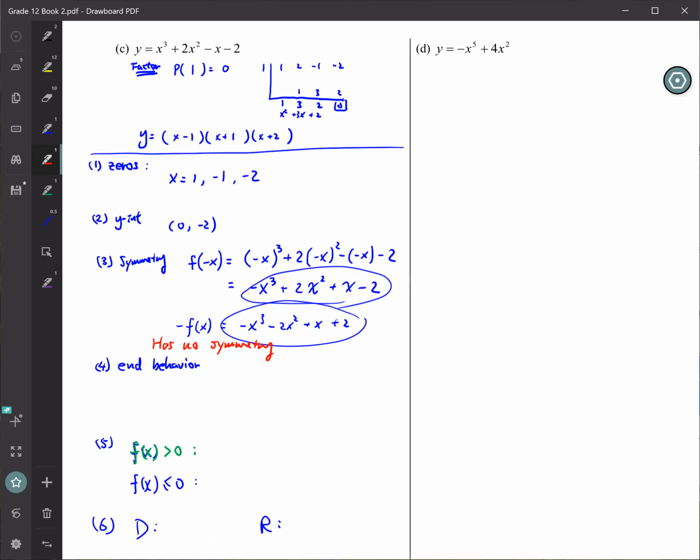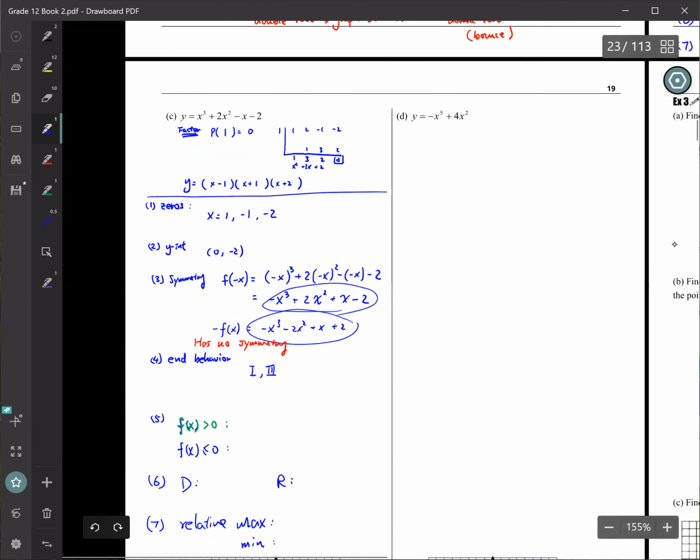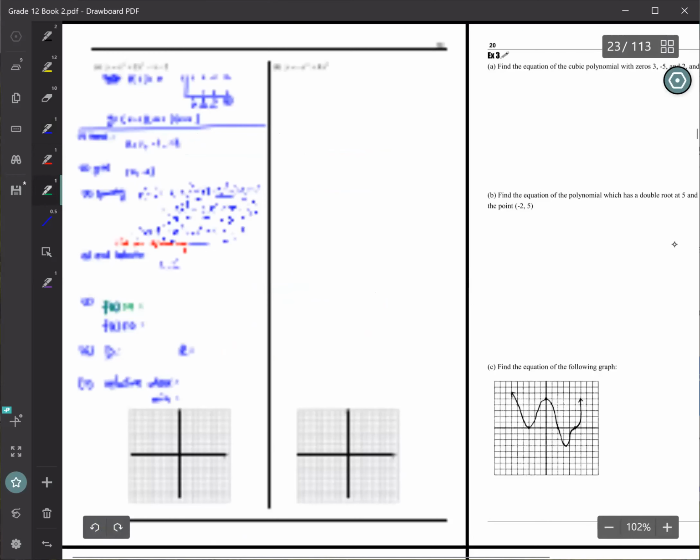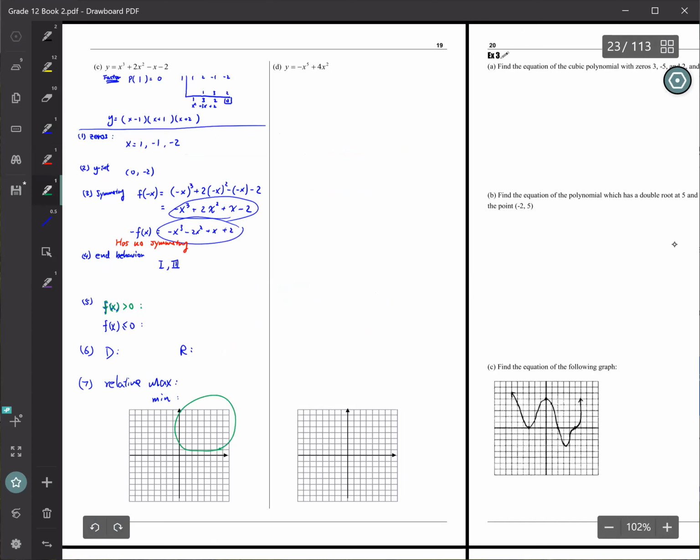End behavior. Ray, what's the end behavior here? Quadrants 1 and 3. Now if I want to say it using the sign, positive, negative or negative, positive, what would you say then? Positive, negative. Because 1 and 3, I'll circle it, 1 is here, 3 is here.